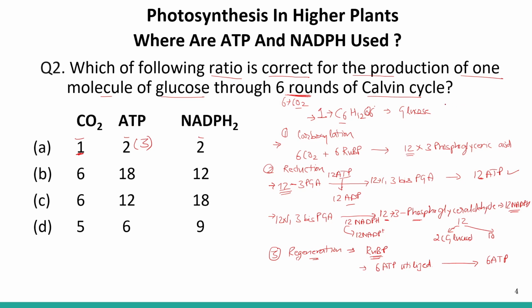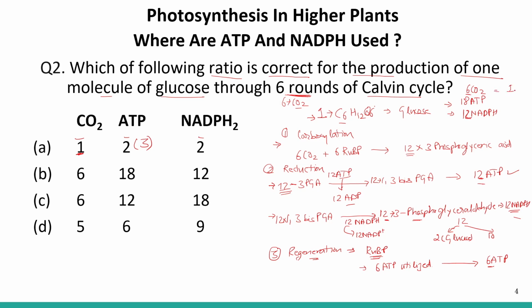Now we can write that for fixing 6 carbon dioxide, 18 ATP are used. 12 plus 6 is 18 ATP and 12 NADPH are used, okay, for fixing 6 molecules of carbon dioxide.